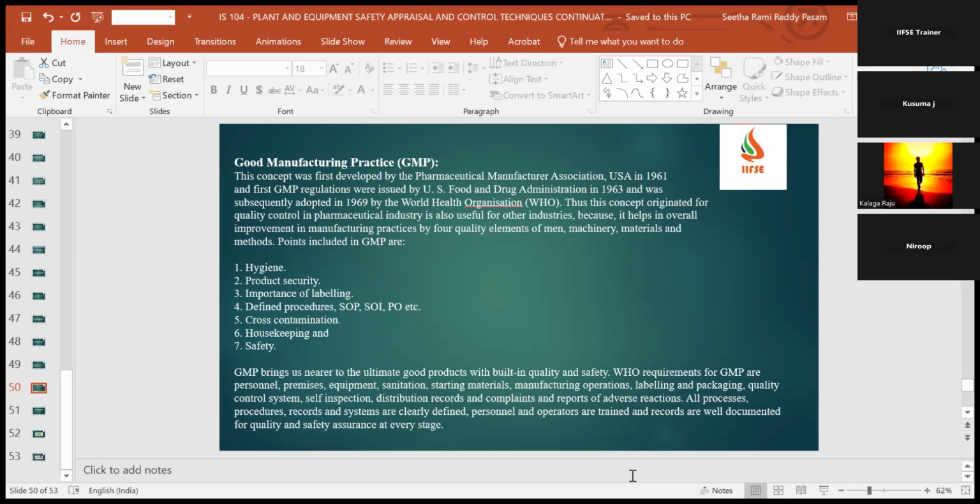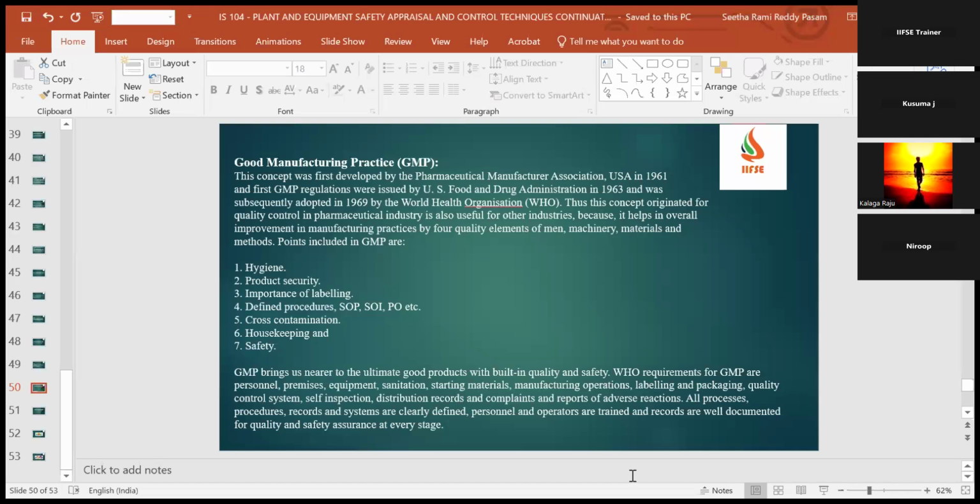They look at the machinery, whether it is in healthy condition or not, and the materials, their quality, material handling, disposal and storage. Then methods: all our procedures, work instructions, practices and method statements come under methods. GMP looks at all these four elements to make a good quality product.